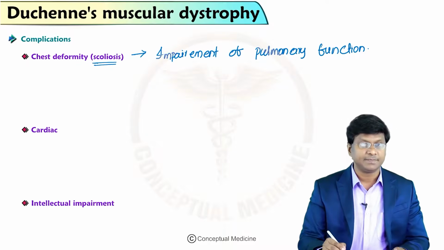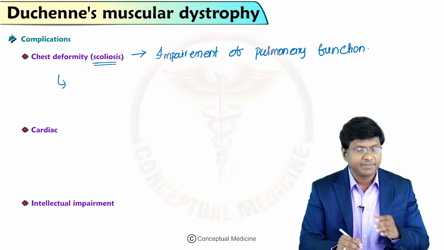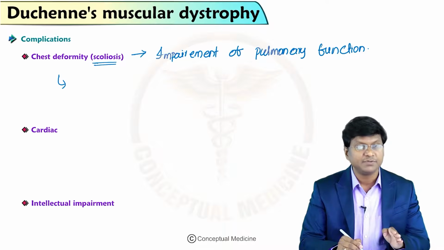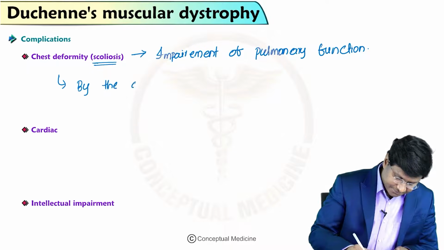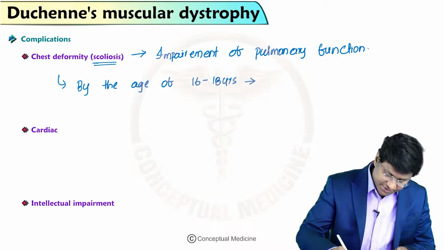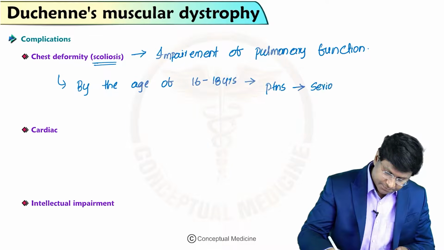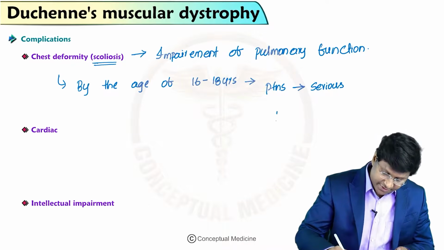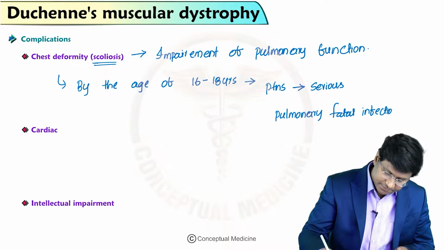By the age of 16 to 18 years, these patients are predisposed to serious, fatal pulmonary infections.